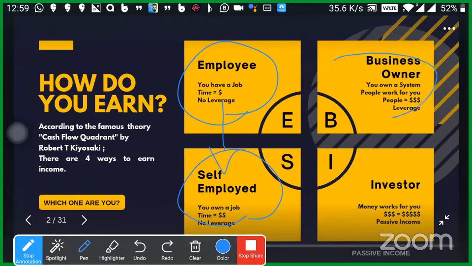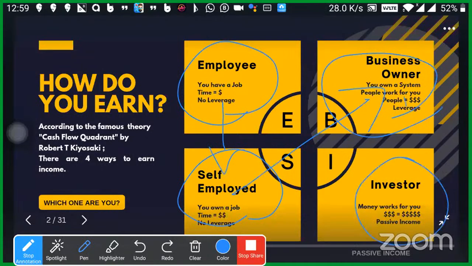A business owner earns more than an employee as well as a self-employed person. But an investor can earn even more than all three of them. He is the richest person, the most intelligent person who can enjoy financial freedom, if he can make his money work for him.